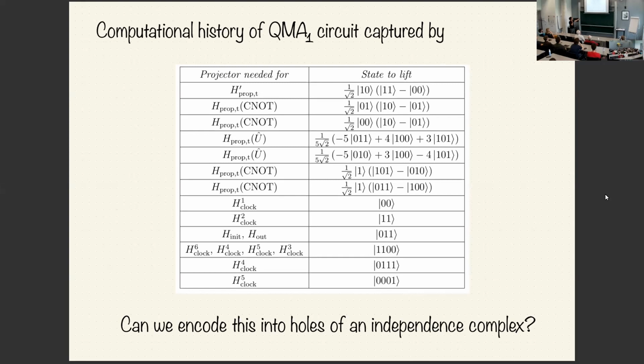Then there's this clock part that doesn't depend on the gates. These are projectors, projecting onto the orthogonal space of these states. These are the states which have eigenvalue 1 under the corresponding projector, and the orthogonal ones must have 0. So I'm just collecting all the projectors that appear.